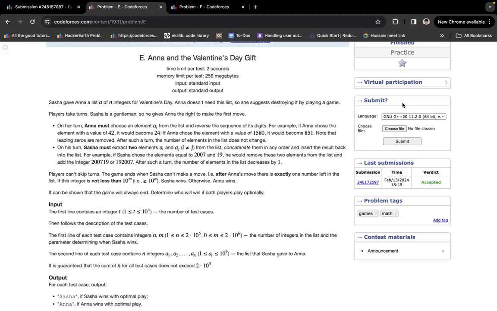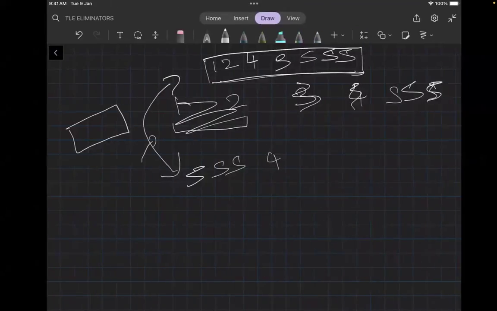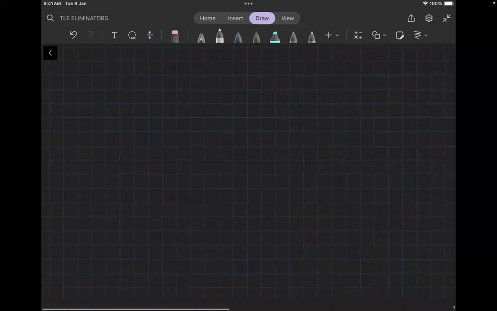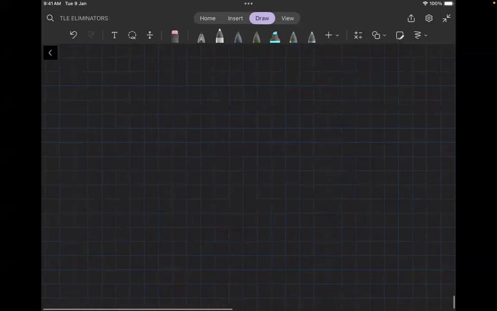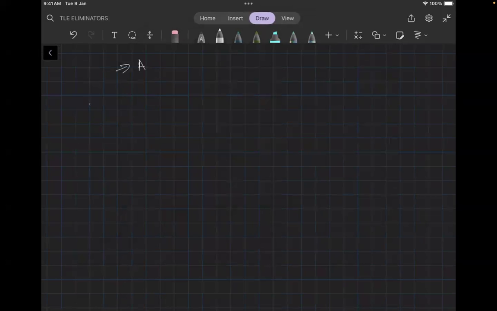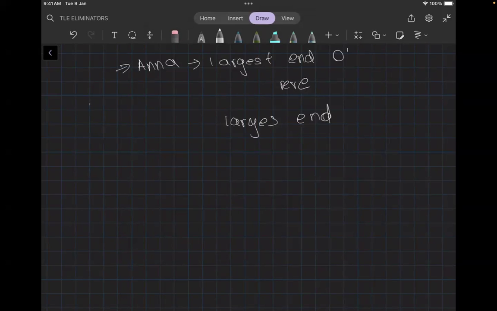Okay. So what did we notice? On Anna's turn, she picks the largest ending 0 batch and reverses it. On Sasha's turn, she does the same. She picks the largest ending 0 and concatenates it with some other number.